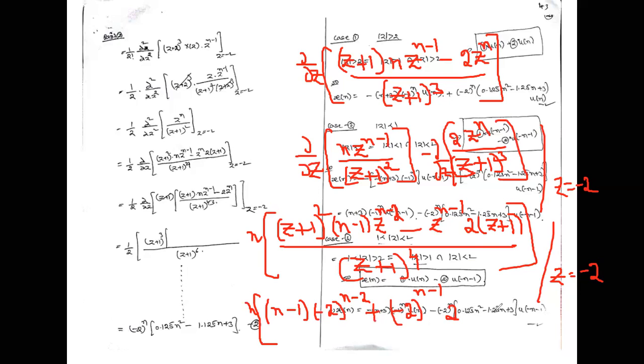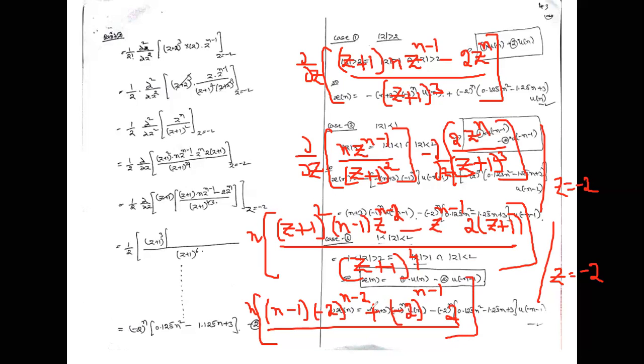Minus, I am taking the plus 1. The 2 by (-2+1) is -1, and (-1)^4, because the power is even, the value is plus 1 only.